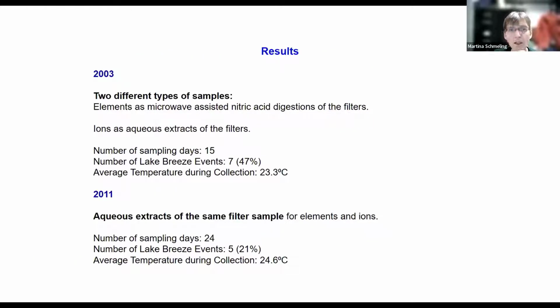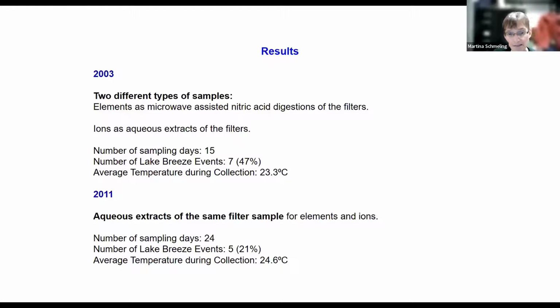So what are the results? In 2003, we had 15 sampling days. From those 15, there were actually quite a high number of lake breeze events, which were 7. This is roughly 47%. And the average temperature during the collection was 23.3 degrees Celsius. As I said, we started at 7 and ended roughly at 1 with an interruption of 1 hour.